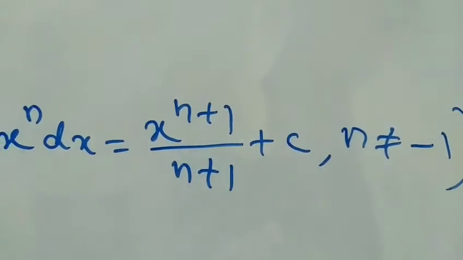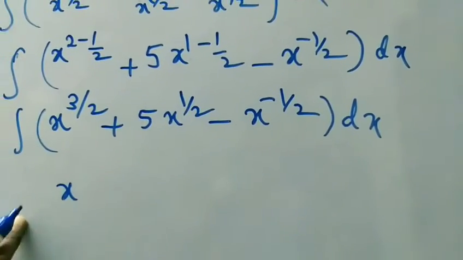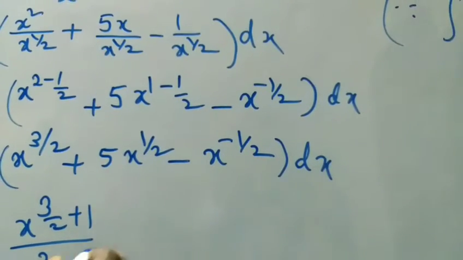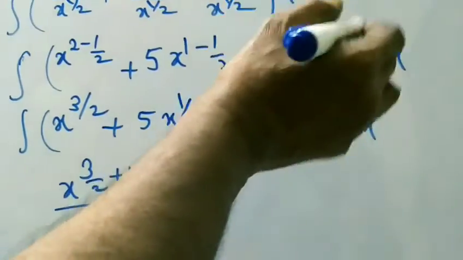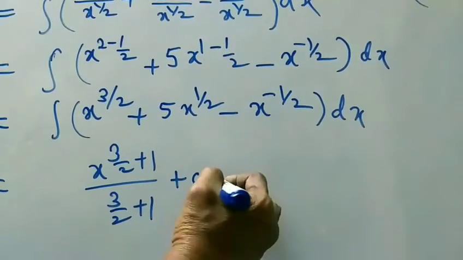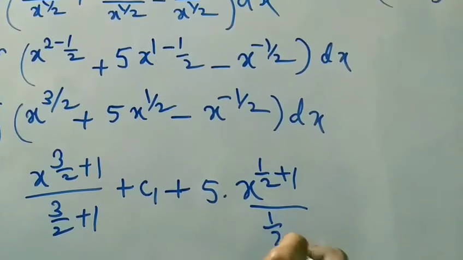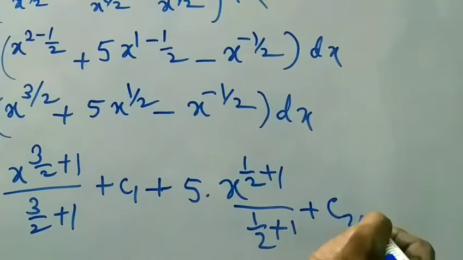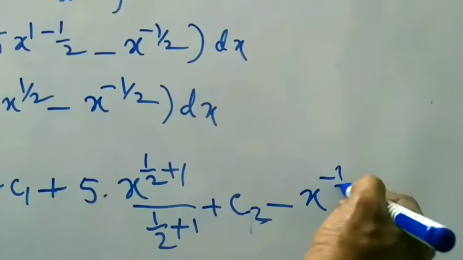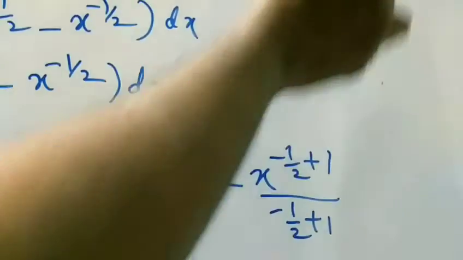By using this formula, we get x to the power of 3 by 2 plus 1 by 3 by 2 plus 1 plus c1, the constant of the first term, plus 5 into x to the power of 1 by 2 plus 1 by 1 by 2 plus 1 plus c2, the constant of the second term, minus the third term x to the power of minus 1 by 2 plus 1 by minus 1 by 2 plus 1.